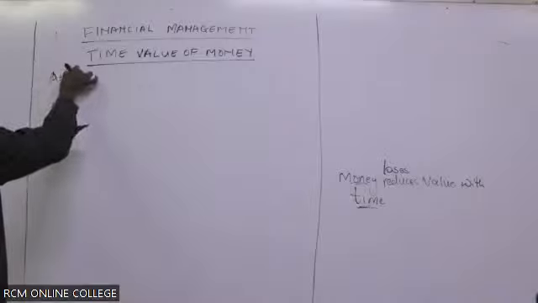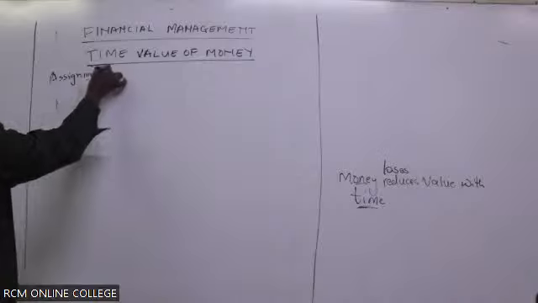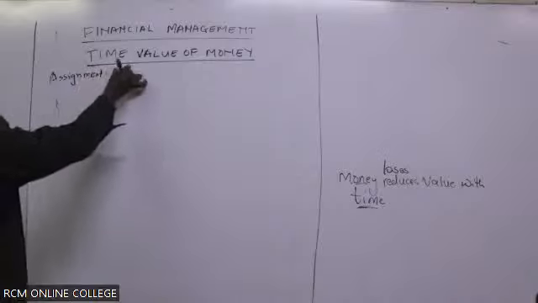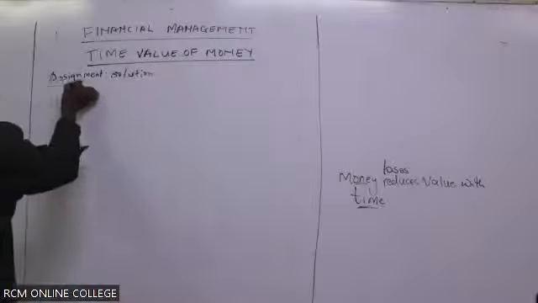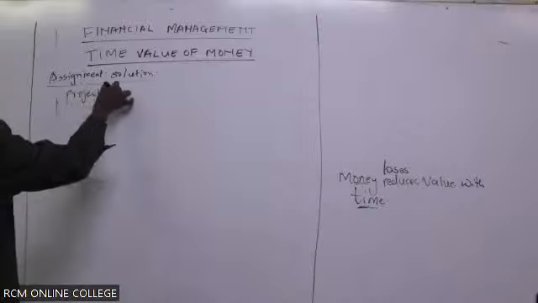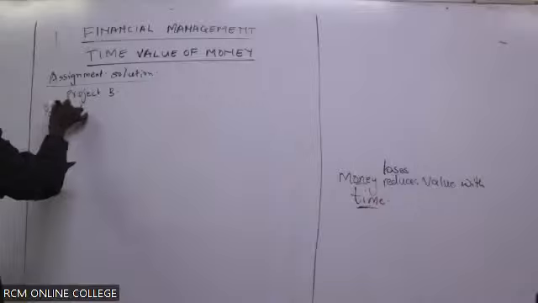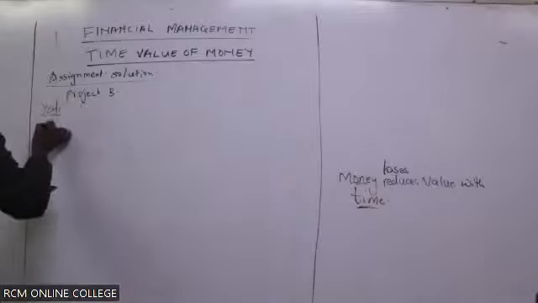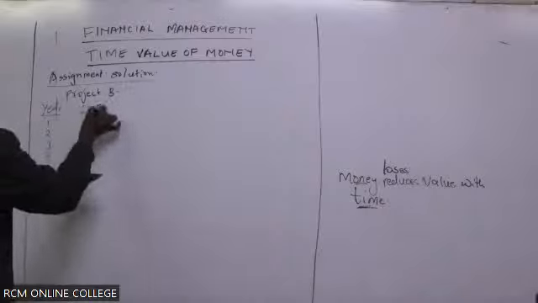I want us to first of all look at some of the assignment solutions. So we had project A, or is it project B? It had year 1, 2, 3, 4, and I cannot remember the cash flow for the project.